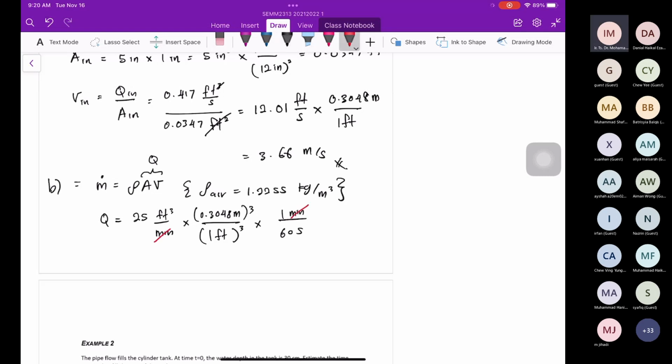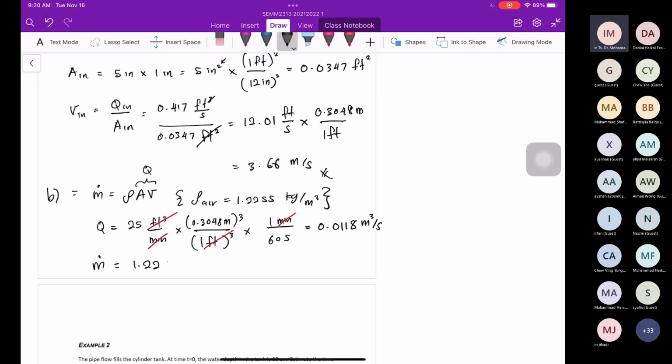So cancel, you will have 0.0118 meter cube per second. Thus the mass flow rate becomes rho, 1.2255 kilogram per meter cubic, multiplied by the volume flow rate 0.0118 meter cubic per second. The meter cubic cancels, and you will have kilogram per second.